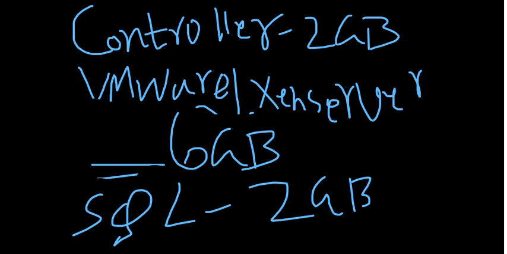For that, you can give 2 GB RAM. And what else? Yes, the license server. For a lab setup, I would install those features or roles on the controller itself. But if you have more RAM, you can have a separate machine for it in your lab environment, and you can give 2 GB RAM.